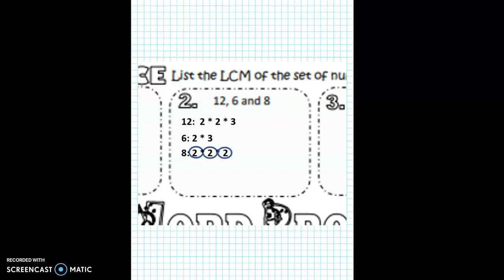So we need to use all 3 2s to find our least common multiple. The only other number in our factor strings is 3. Since 3 occurs once both in the 6 and the 12, we only need 1 3. To find our least common multiple, we multiply 2 times 2 times 2 times 3 to give us 24.